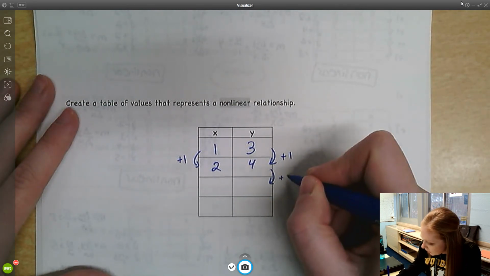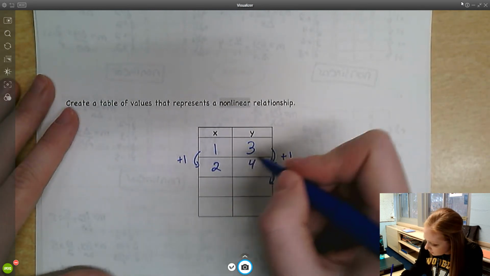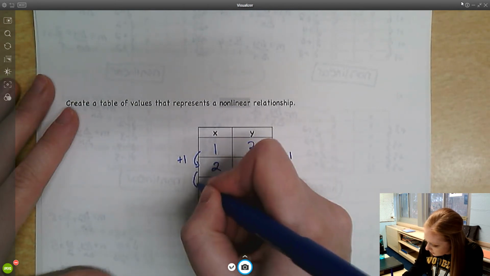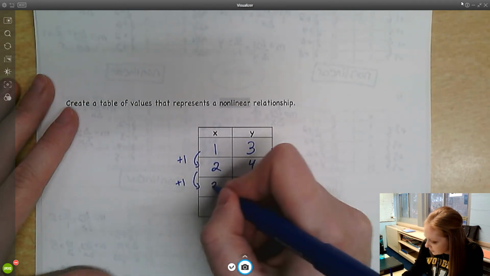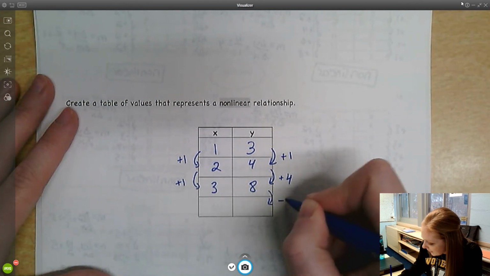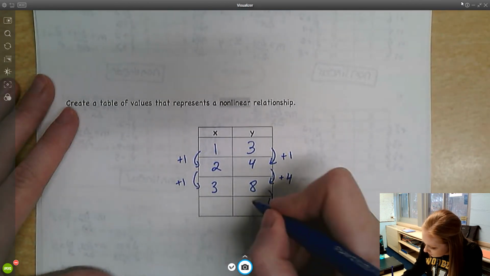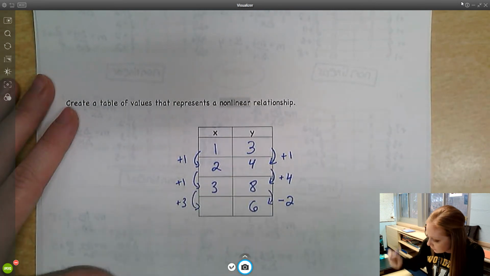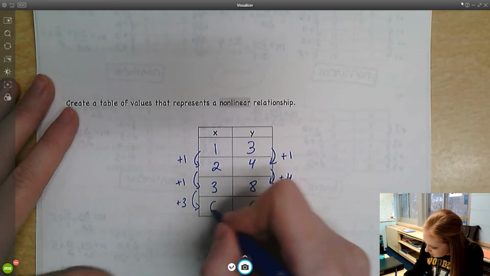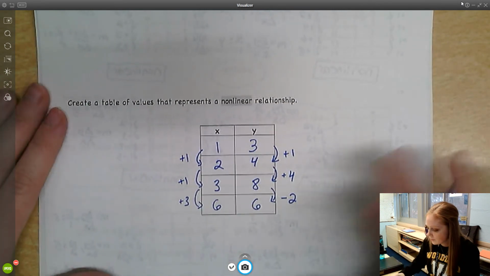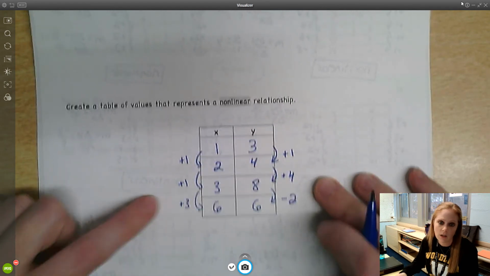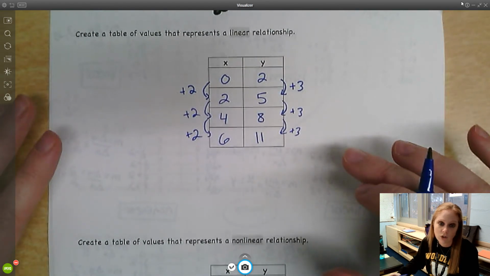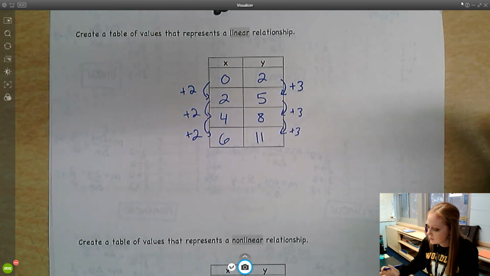So maybe now I'll add 4 to my y's. And I can still add 1 to my x's if I want. And maybe now I'll minus 2 for my y's. And maybe I'll add 3 for my x's. The rate of change has to be different here for nonlinear. Rate of change is the same constant for linear.